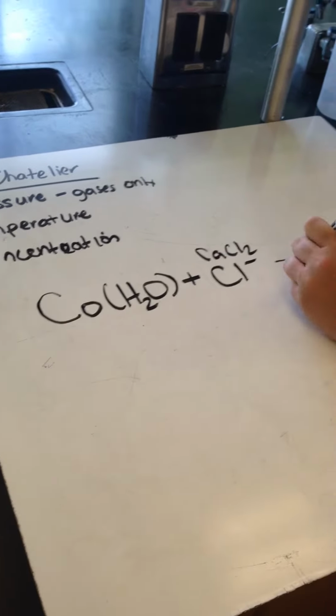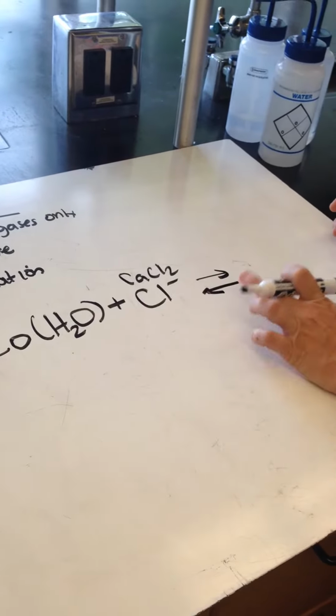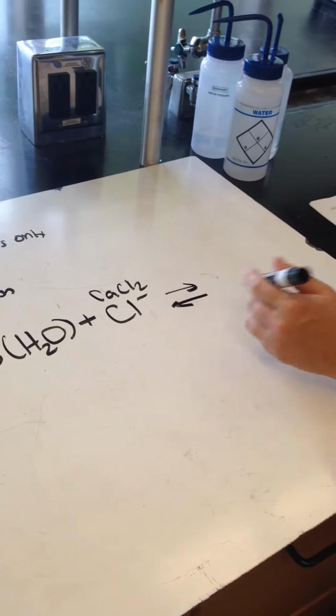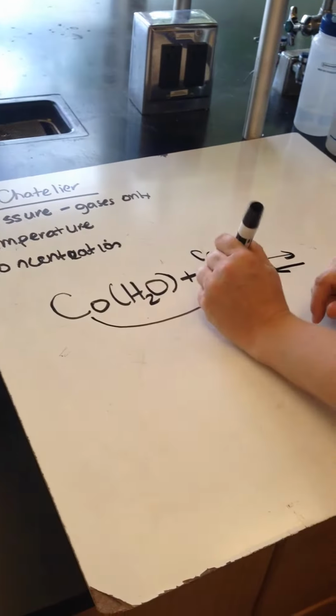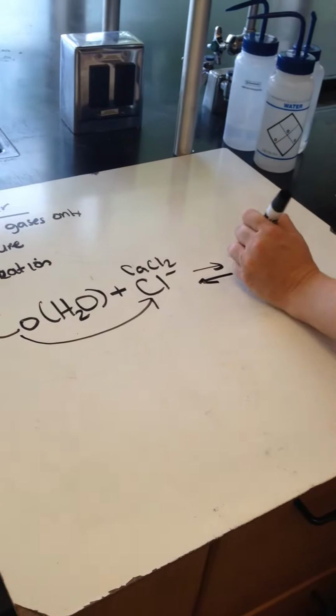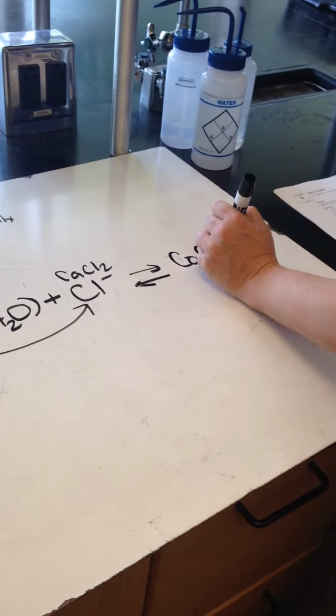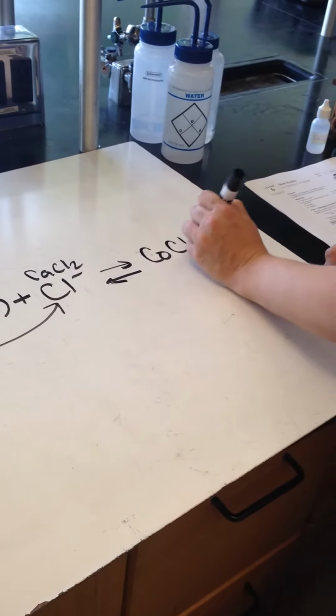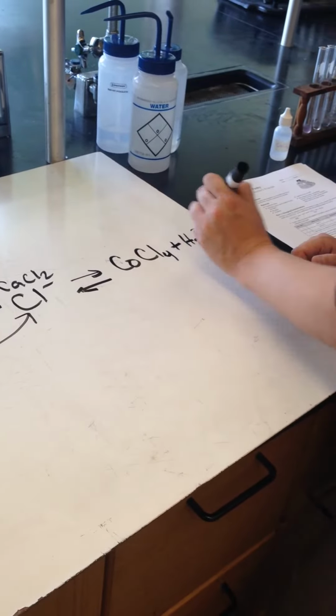Okay, this is a reversible reaction, so we're going to draw those double arrows. And then it's going to be a single replacement. So basically, cobalt is going to bond with the chloride, and then we get some water as a product.